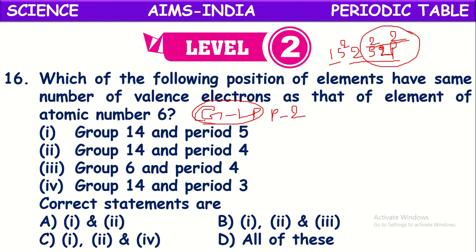This carbon belongs to group 14. So the remaining elements which are present in the same group 14 will be having same number of valence electrons. What are those? This, and here this. These three will be having same number of valence electrons. What will be correct answer now? 1, 2 and 4. Where it is? Here. Okay, this is correct answer.